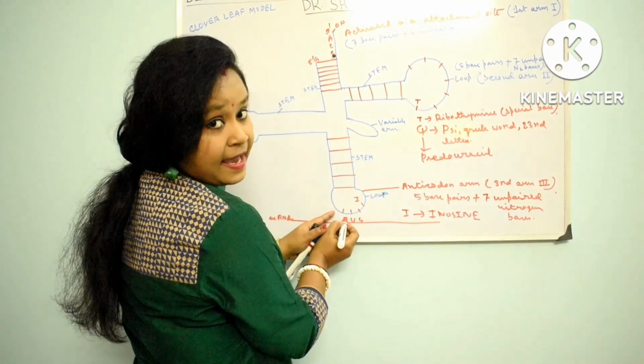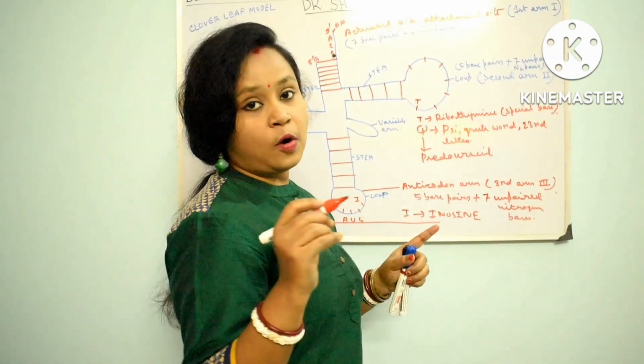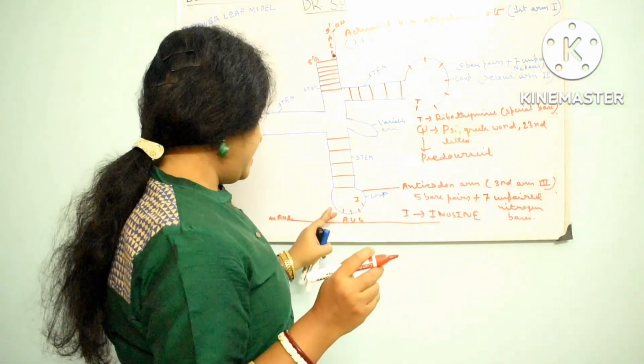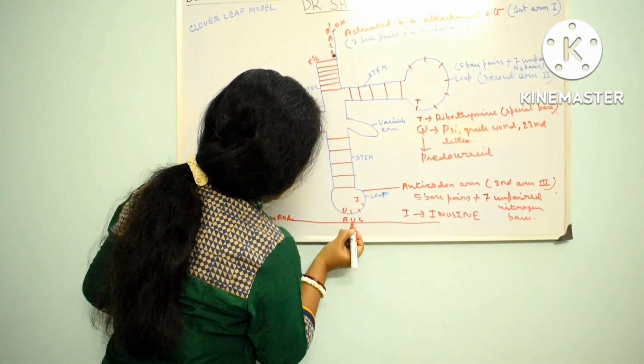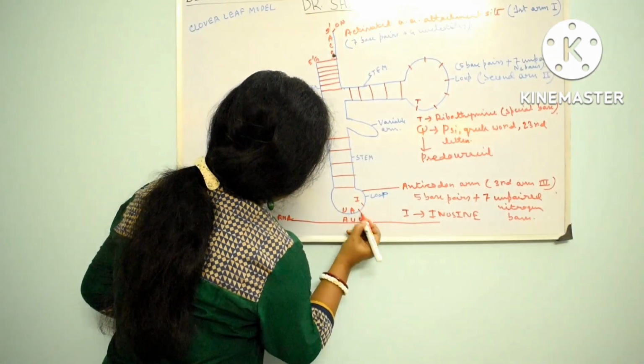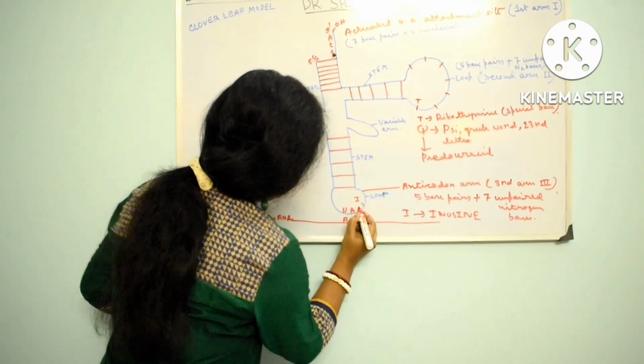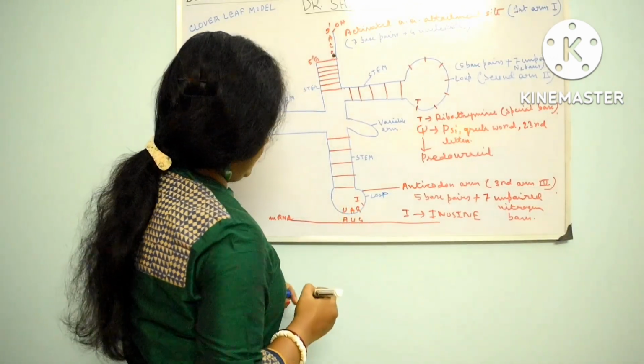With A, we all know A makes a bond with T, but in the case of RNA it makes a bond with U. So here U will be present, and here U, so here A will be present, and here for G, the complementary base C will be present.